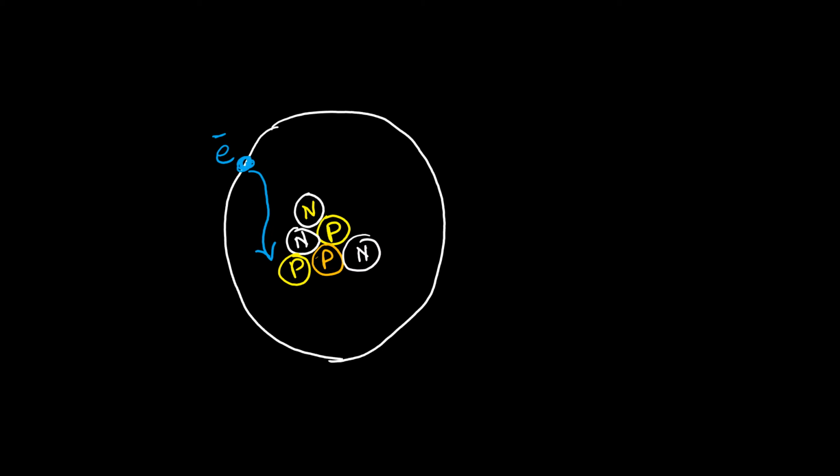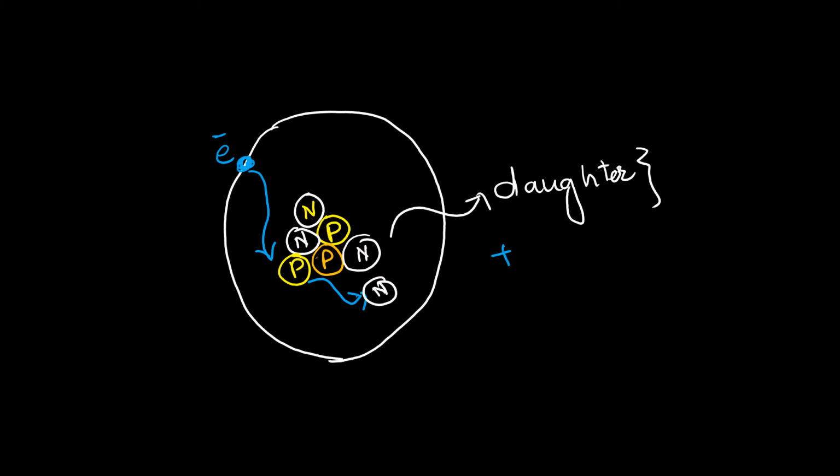When the electron is gained by the proton, the proton is converted into a new particle, a neutron. In this way the parent atom is converted into a new daughter atom, since the number of neutrons increases, and along with the daughter atom there is a release of highly energetic radiation, known as gamma rays.